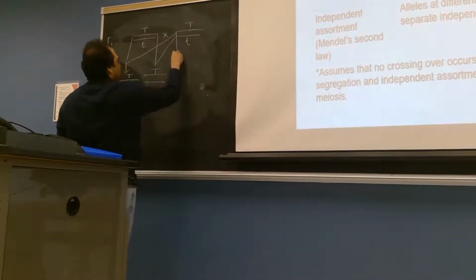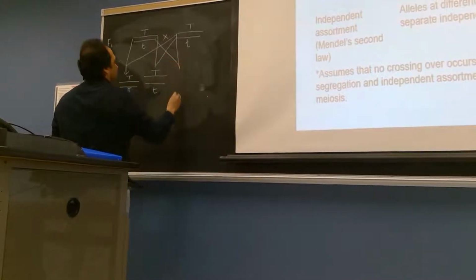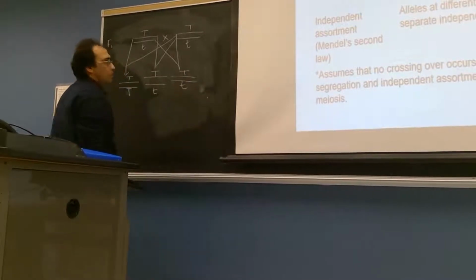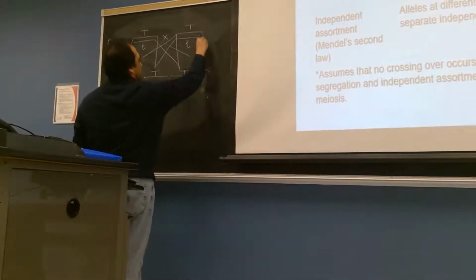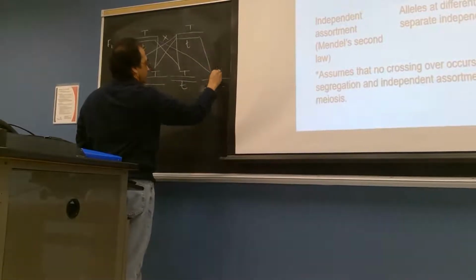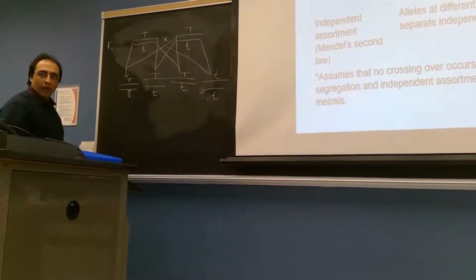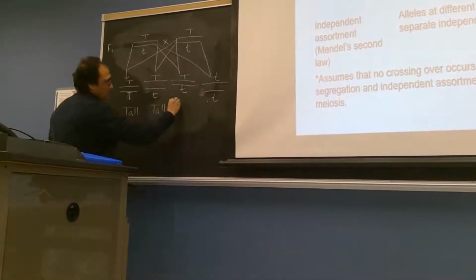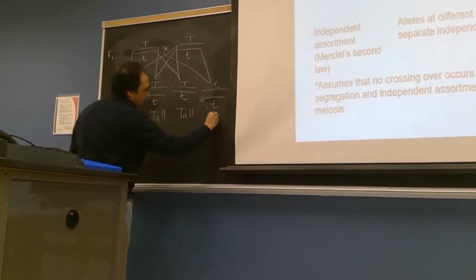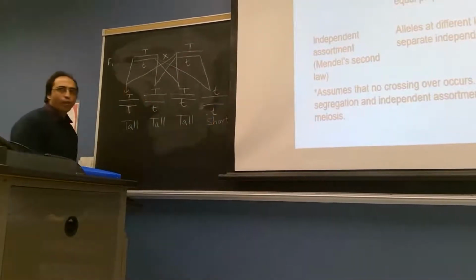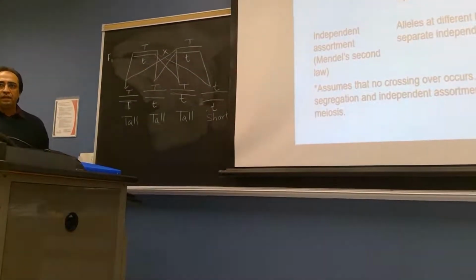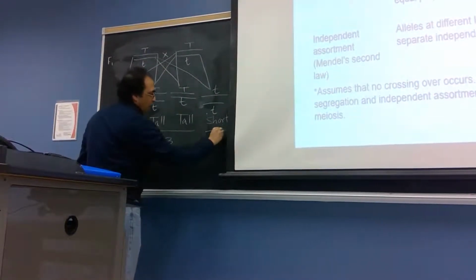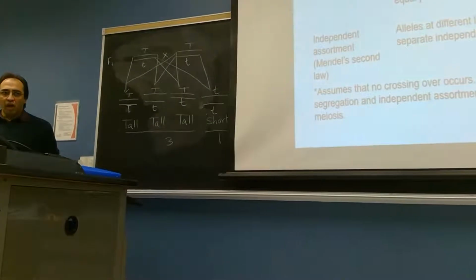One this chromosome and another this chromosome. And last one, these two. Right? This is tall, this is tall, this is tall, this is short. Clear? So the proportion is 3 tall, 1 short. 3:1. That is the proportion.